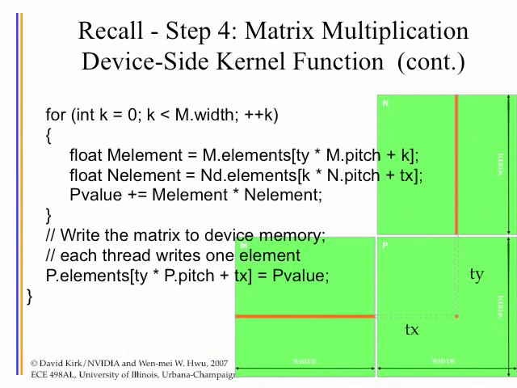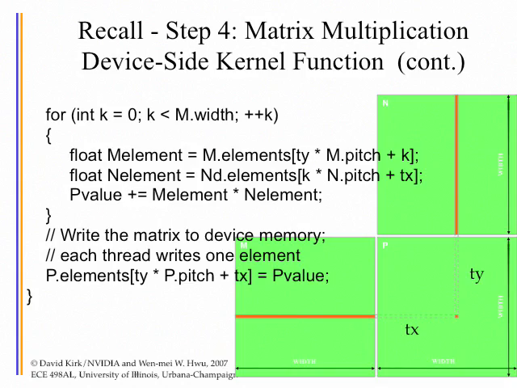Remember, this is one of the threads. The thread is going to be reading all these elements from the row and all these elements from the column and then do a dot product. Okay? So that's what this simple matrix multiplication does.